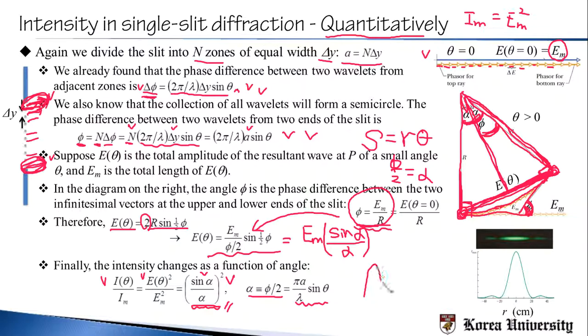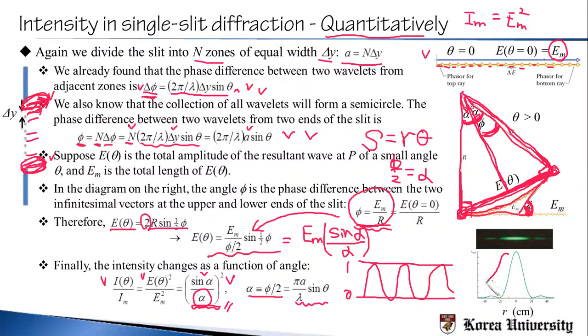So it moves just like sine square like this. So therefore the bottom part is 0 and the upper part is 1. But at the same time it is divided by alpha square. So alpha will keep increasing as we go away from the center, right? And then if the denominator is increasing, the result will become smaller.